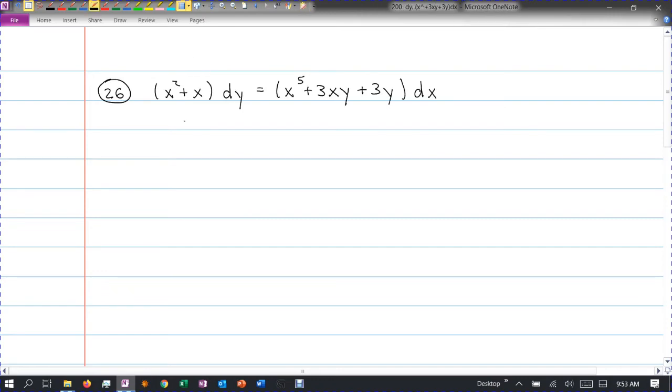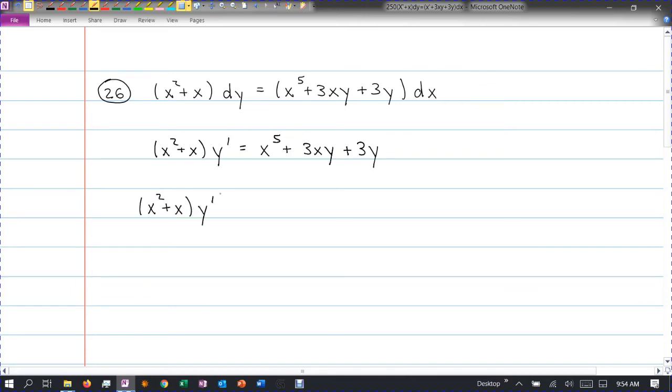So let me divide everything through by dx first. And we should just get these terms on the right-hand side. And now I want to get a function of x on the right side and then anything with a y on the left side. So I'm going to rewrite that.